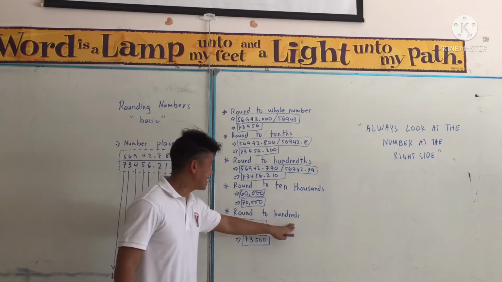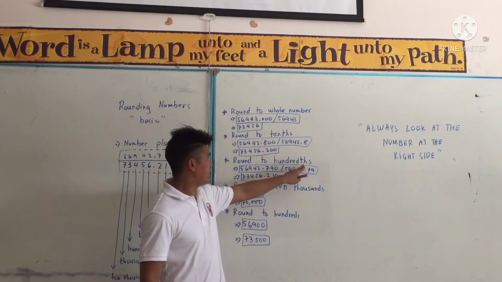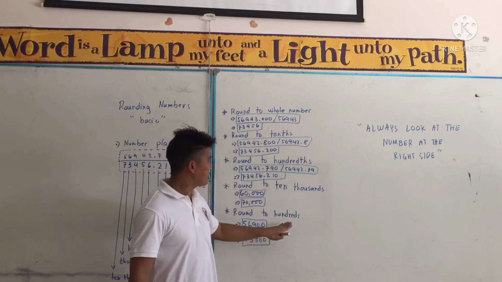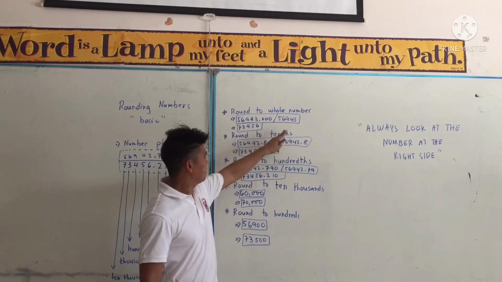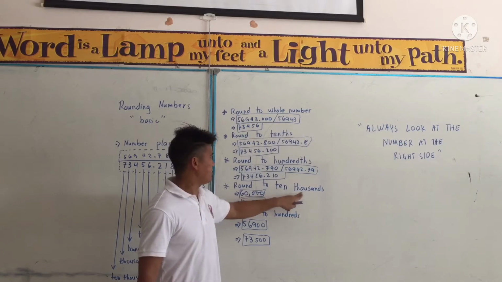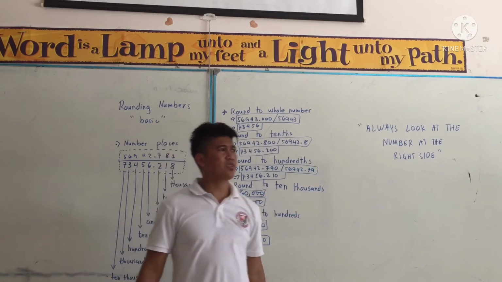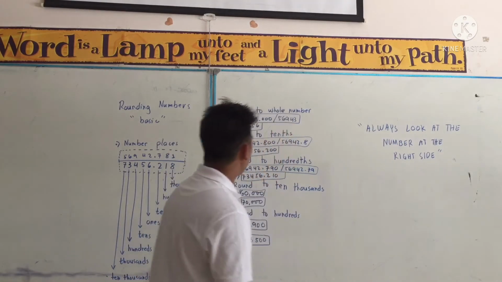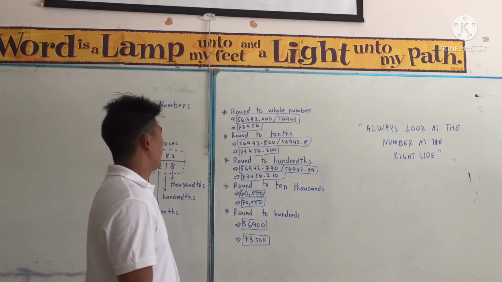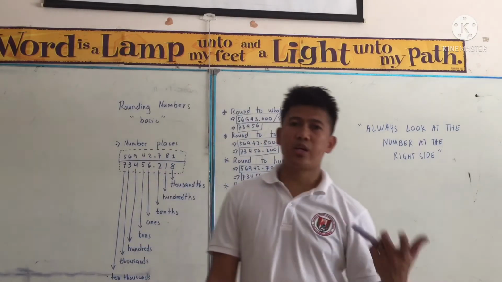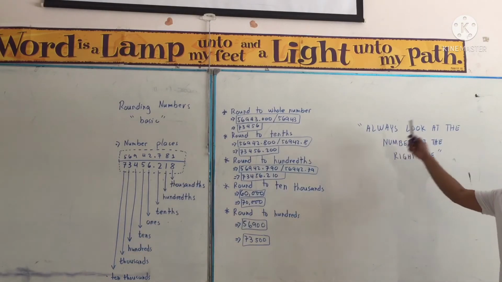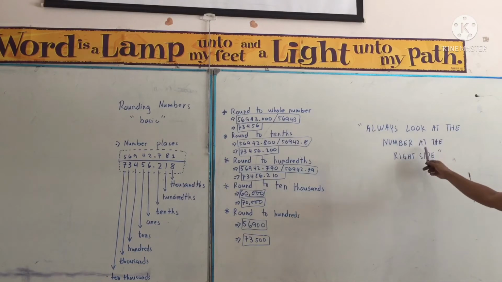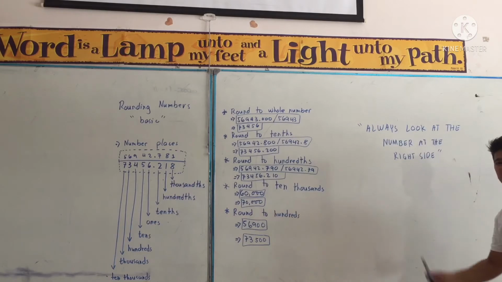Round to hundreds, hundreds. Tenths, THS, and here, ten thousands, no THS. So this is how you are going to round off numbers. Always look at the number at the right side.